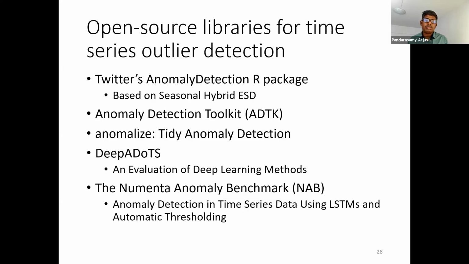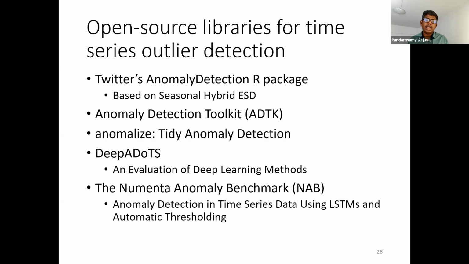Similar to this, there is another benchmarking system called Numenta Anomaly Benchmark, which is one of the widely used ones. They are also comparing the performance of different LSTM methods.